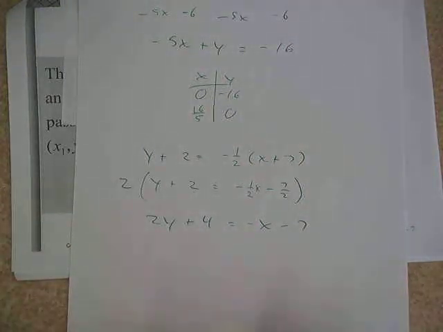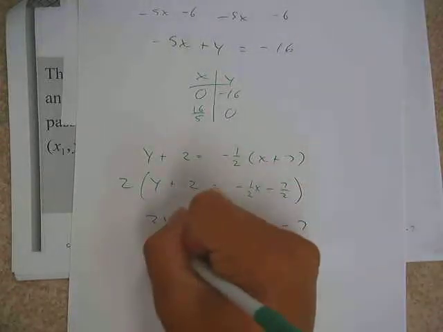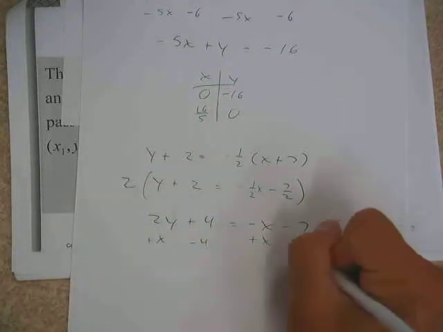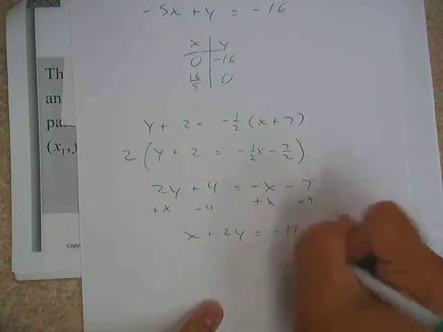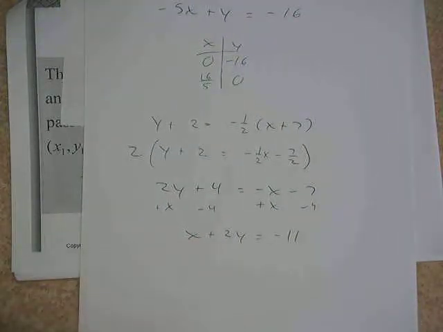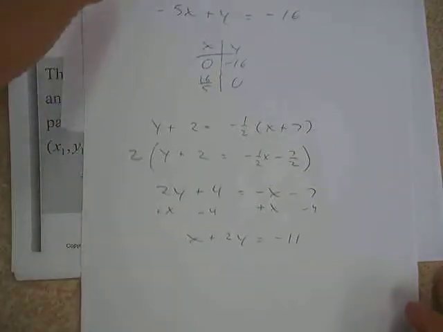So if we do that, we're going to get 2y plus 4 equals negative x minus 7, if we multiply each piece by 2. And then from there, now we can add x and subtract 4, and wind up with x plus 2y equals negative 11. And that would be the general form of that line. Okay? And like I said, the only really good reason to do that would be so we can find the intercepts easily. Okay? Any questions so far?